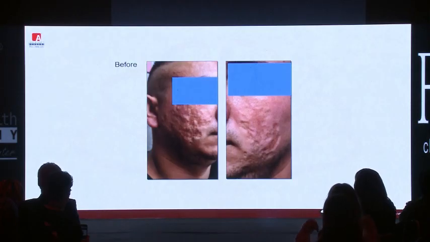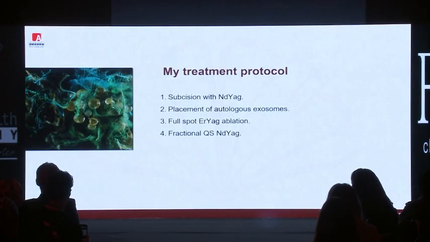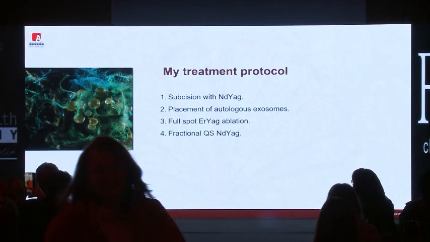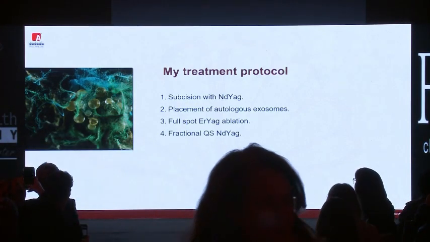Unfortunately, I never thought about showing this treatment, and I don't have any pictures of all the steps I will show you. I'm so sorry. First of all, I use the subcision with my optical fiber, of course.